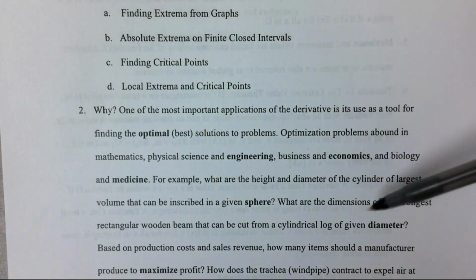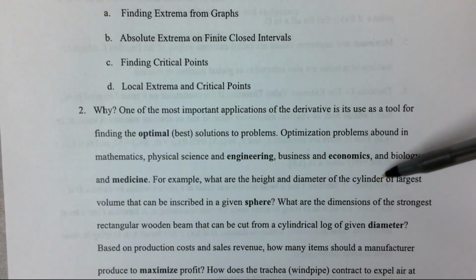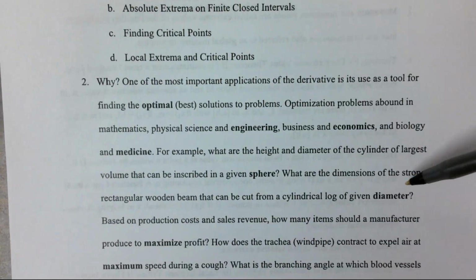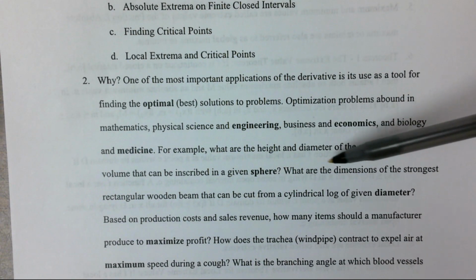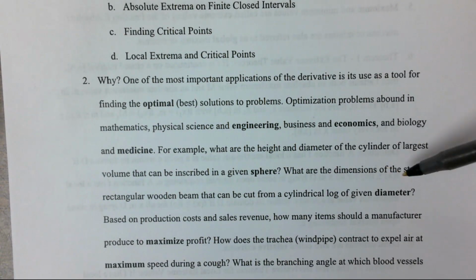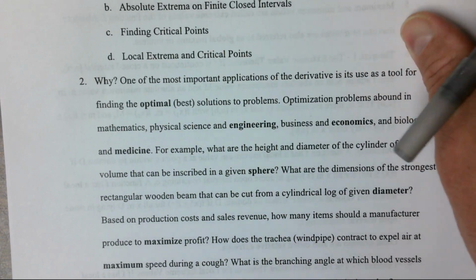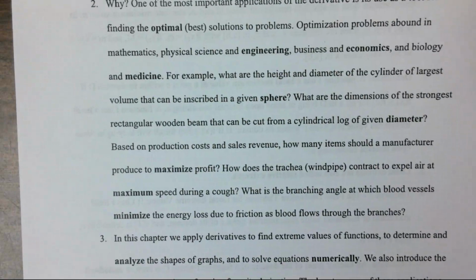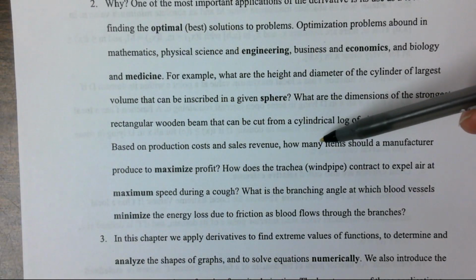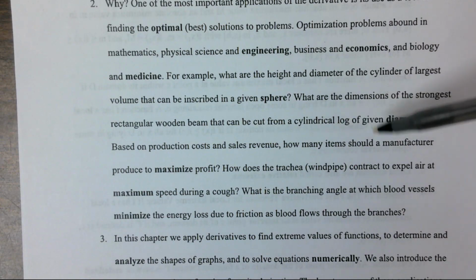For example, what are the height and diameter of the cylinder of the largest volume that could be inscribed in a sphere? What are the dimensions of the strongest rectangular wooden beam that could be cut from a cylindrical log of a given diameter? And other questions like, based on production costs and sales revenue, how many items should be made to maximize profit?